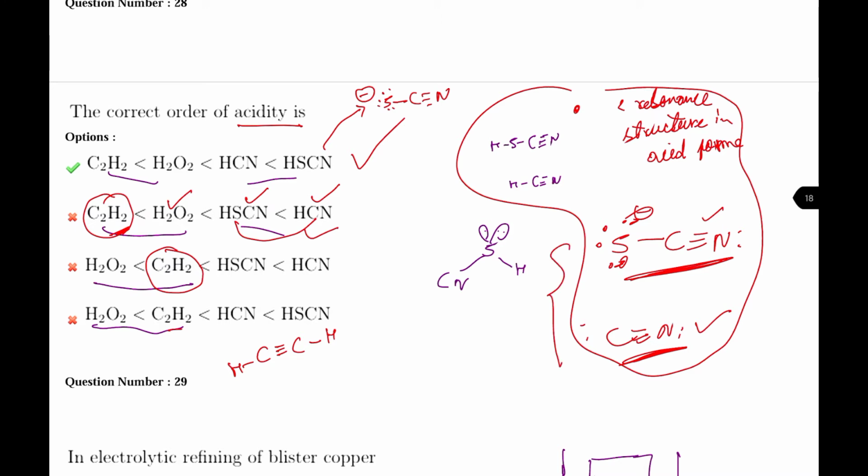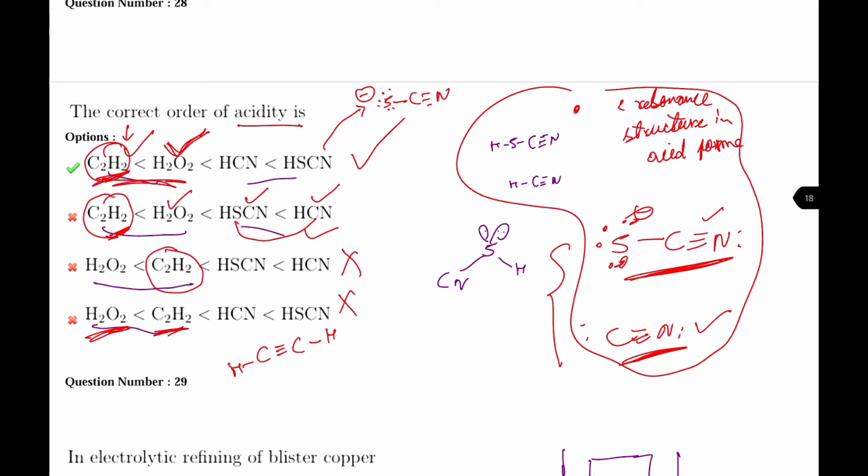Now we have to compare which conjugate base is more stable. So the order for ethyne and peroxide is definitely going to be like this, because peroxide has an acidic hydrogen as compared to ethyne. So generally organic acids are very weak, so definitely ethyne with the triple bond is going to be weaker, so this ethyne will be there. So this order is definitely wrong.